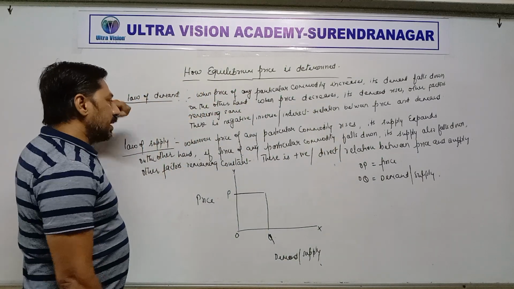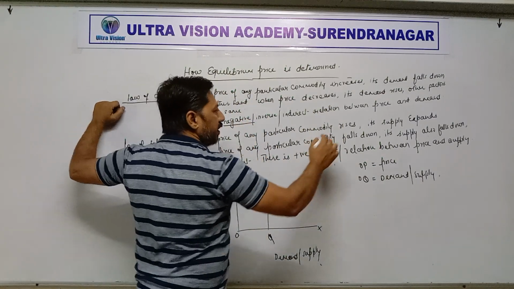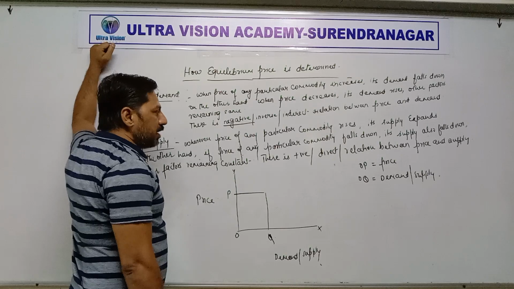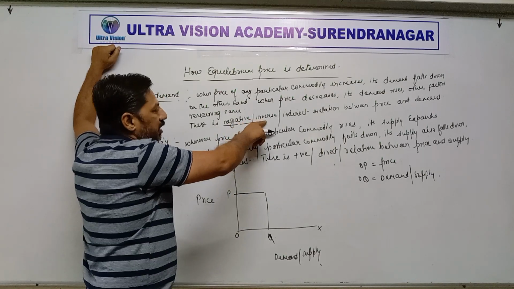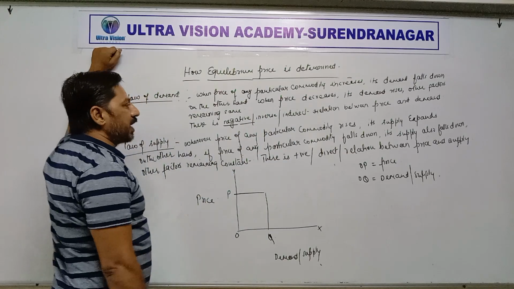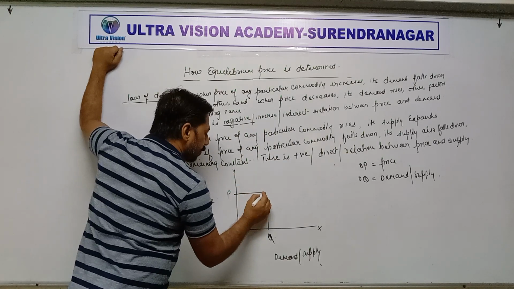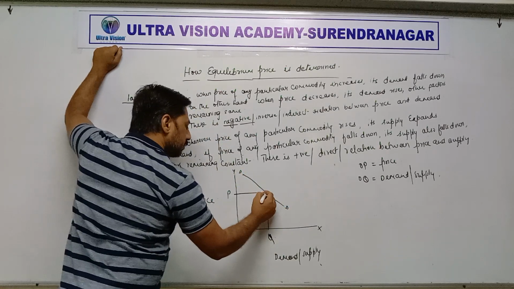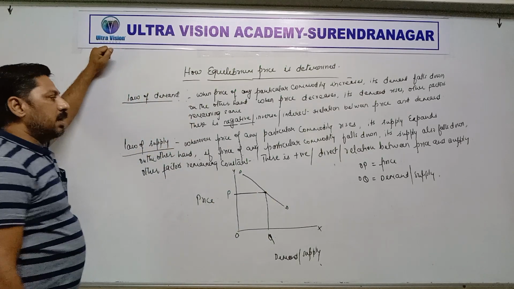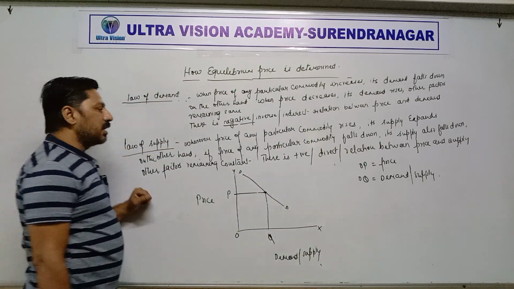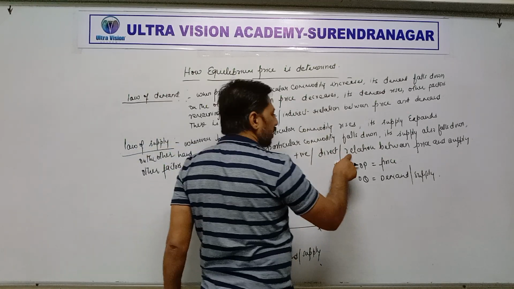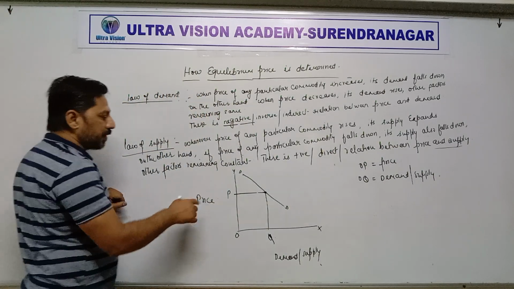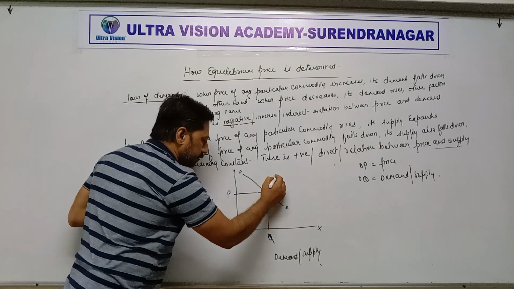Now we know that there is a negative relation between price and demand, and whenever there is a negative, inverse or indirect relation between price and demand, the demand curve is always sloping downward like this. This is demand. Similarly, you also know that there is a positive or direct relation between price and supply. Since there is a positive relation between price and supply, the supply curve is sloping upward like this.